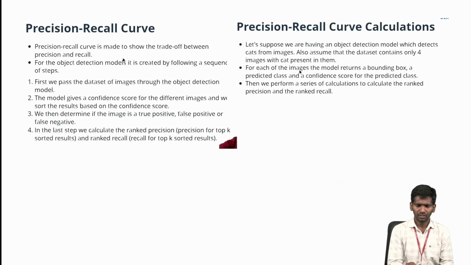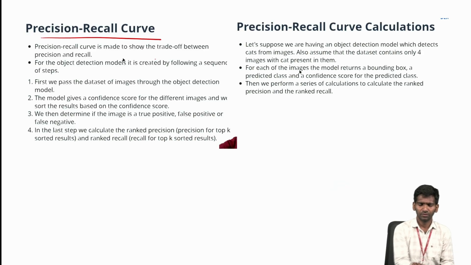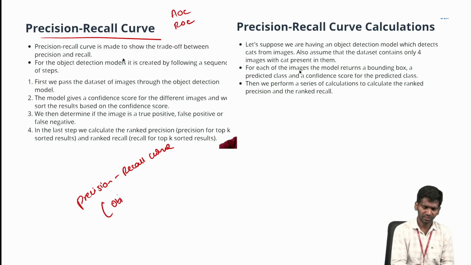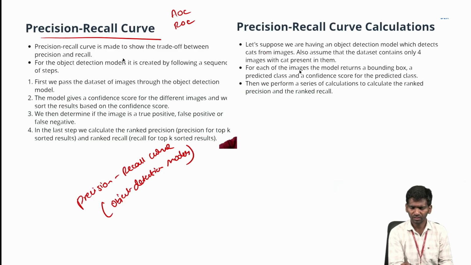Next, the most widely used metric, that is the precision recall curve. Like how you have the AUC-ROC curve, here we have the precision recall curve for object detection models. How will you calculate these precision recall values?